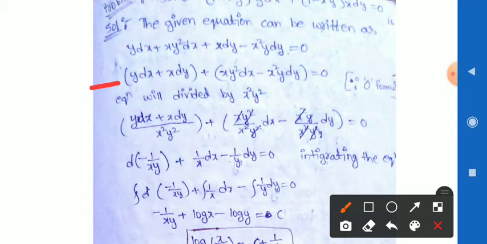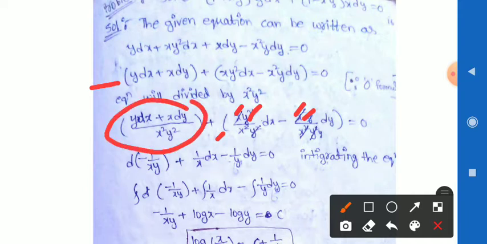By simply cancelling, here x and y square are cancelled, here x square and y are cancelled, and this one, y dx plus x dy by x square into y square, we have in the formulas given on the last page.